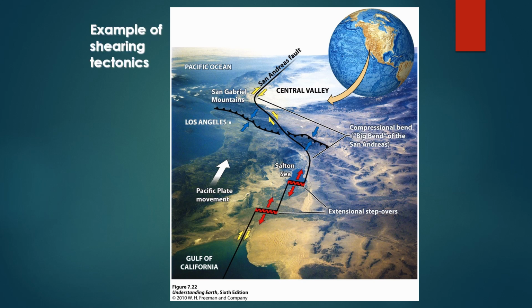So within a strike-slip fault system, there will also be localized extension and compression.